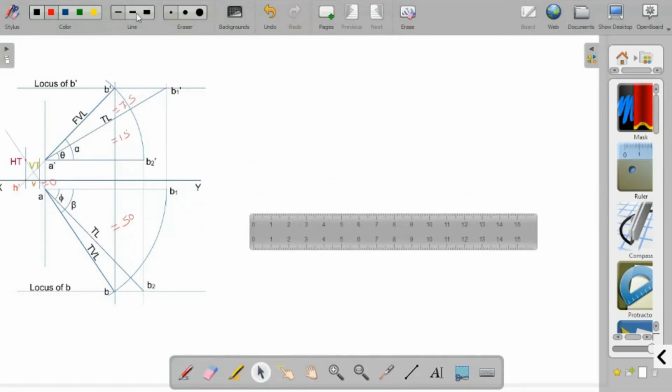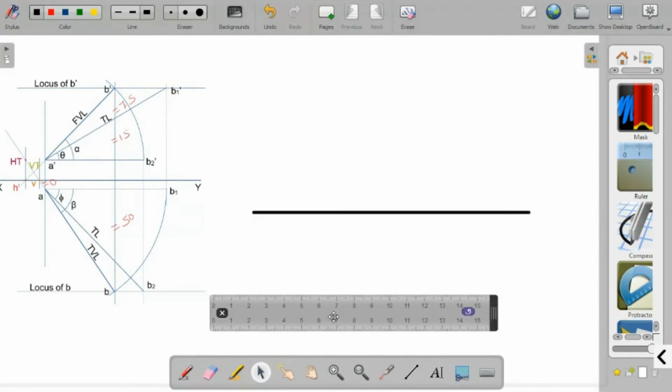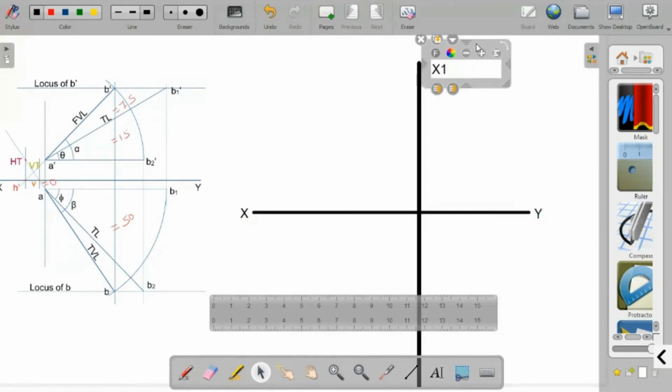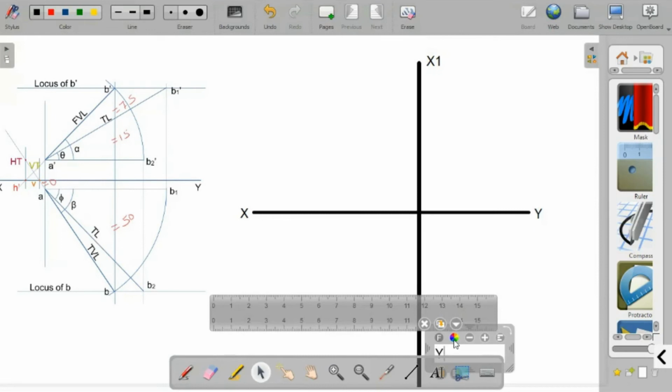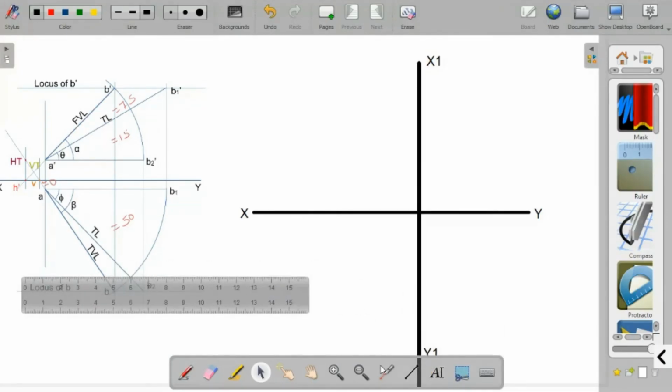Now the scale. XY line. Now this is our X1, Y1 line. Now what we need is the projector.